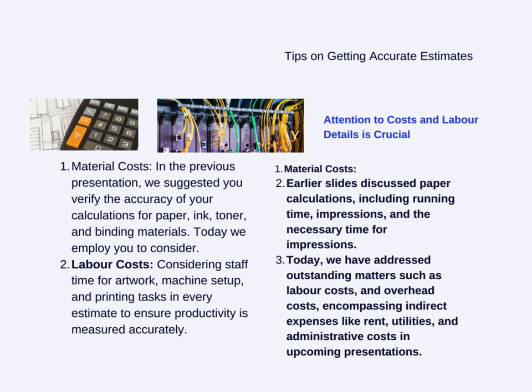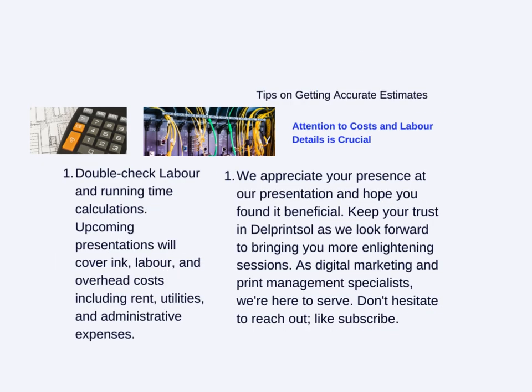But today, we have addressed outstanding matters such as labor costs and overhead costs, encompassing indirect expenses like rent, utilities, and administrative costs. In the upcoming presentations, we will address those that we have not done, that is administrative costs. We are still on tips for getting accurate estimates.